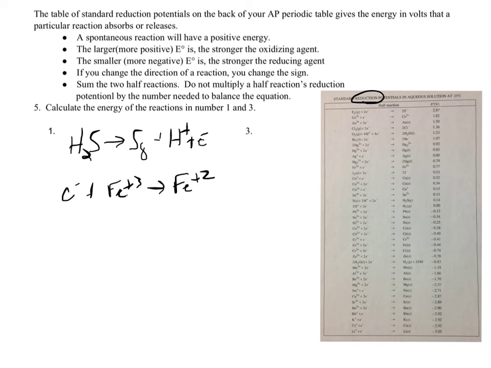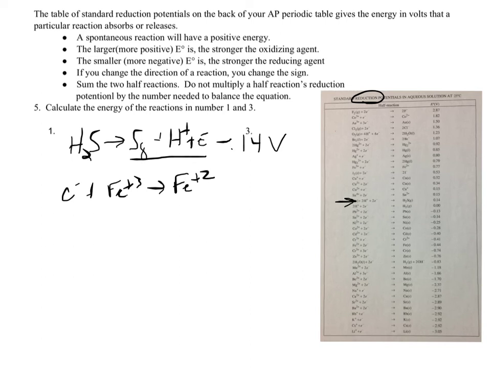What you're going to have to do is find this as a reduction, so you'll need to scan your list and find this reaction. Now they don't have S8 on here, they just have sulfur. The nice thing is when you change the amount of moles, it does not change what it is. So you're going to see that this one is 0.14, but since we're reversing the reaction, making it oxidation, this is going to be negative 0.14 volts.